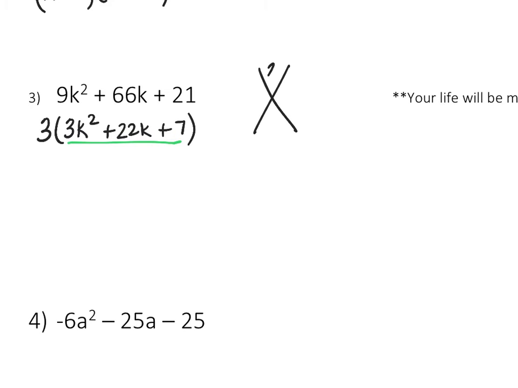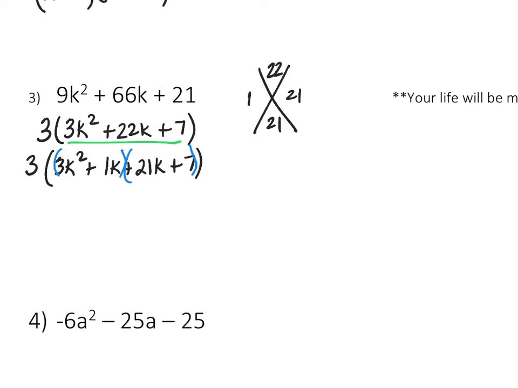From there, my sum is 22. My product is 21, so my numbers are 1 and 21. So that middle part is going to become 3k squared plus 1k plus 21k plus 7. We're going to be grouping within there. I've still got that 3 sitting out front, and I've got a k.